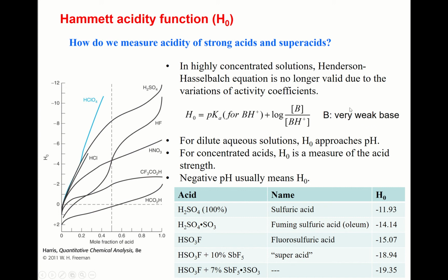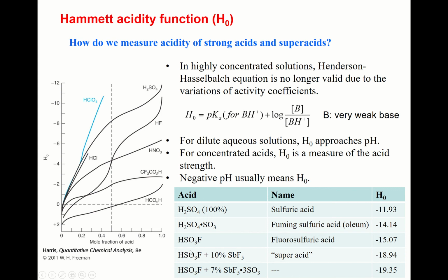This B is so weak that, when dissolved in water, it cannot take any proton from water, because it is such a weak base. But although it is a very weak base, it can react with very strong acids like these.